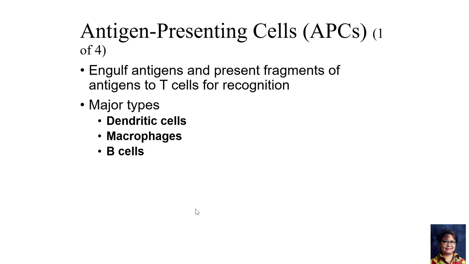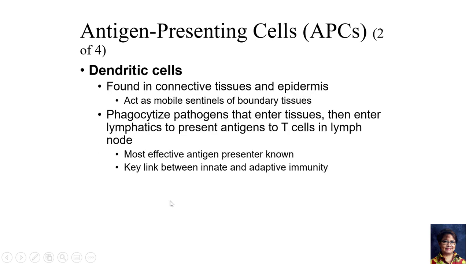The antigen presenters could be anything that will eat the antigen or would have the ability to phagocytize an antigen. It could be a phagocyte, it could be a macrophage, it could be a dendritic cell, a neutrophil, right? They engulf antigens and then present fragments of the antigens to T cells for recognition. So these will be your three different types of antigen presenters.